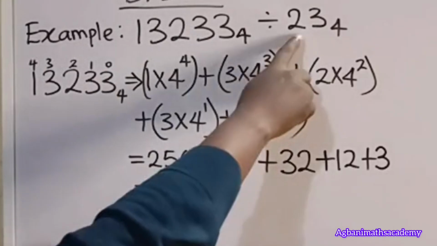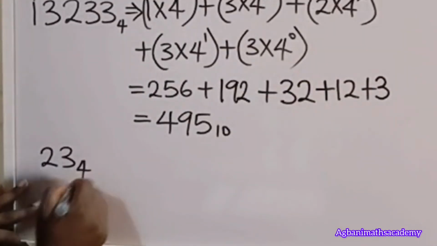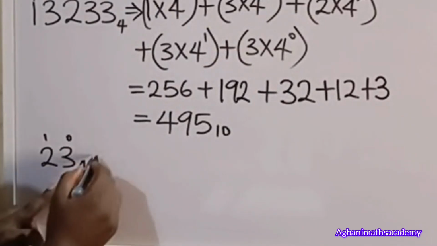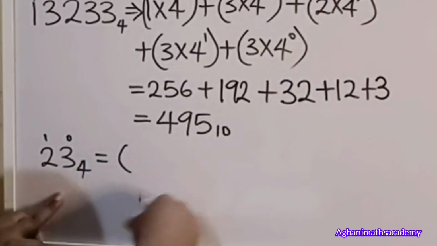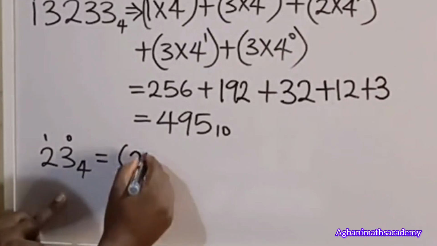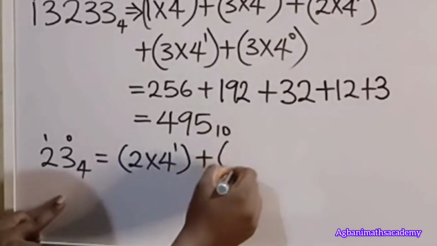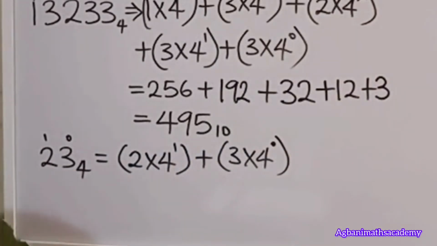Now we need to convert 23 base 4 to base 10. So 23 base 4. Above 3 we have 0, above 2 we have 1. So this is 2 times 4 to the power of 1 plus 3 times 4 to the power of 0. 4 to the power of 1 is 4, and 4 multiplied by 2 is 8.